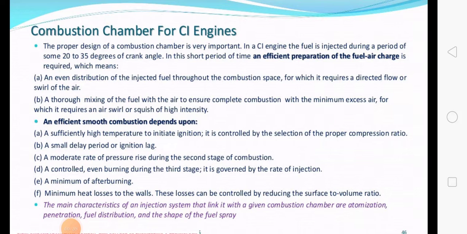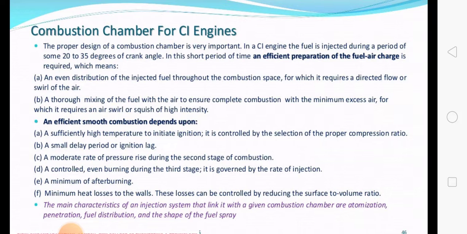In the last unit we have seen that the design of combustion chamber is very important for SI engines. In a compression ignition engine also, the design of combustion chamber is equally important.